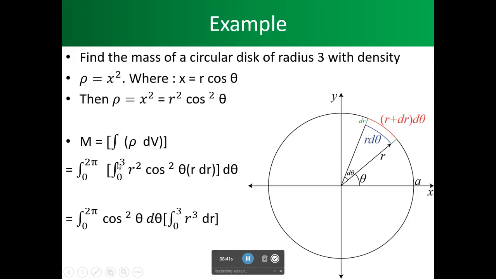And we go from 0 to 3. As you said, our radius will be 3. And we're doing what? 360 degrees, which is 2 pi. So let's try to integrate, or at least group terms at this point. So here we have r and r squared, so that'll give us an r cubed dr, and we have the cosine squared of theta d theta from 0 to 2 pi, which is equal to pi.